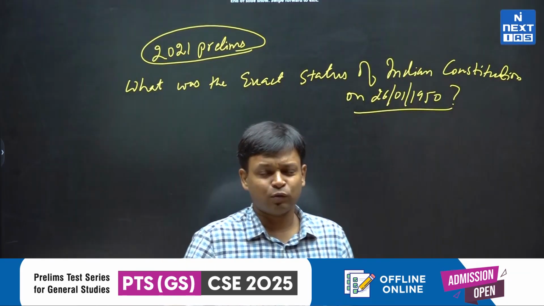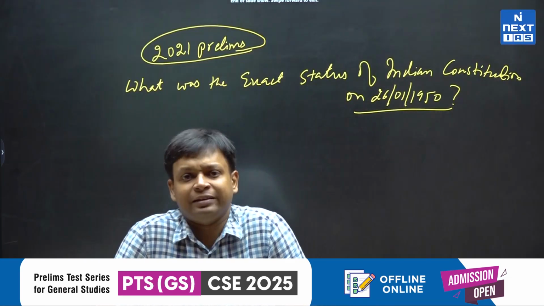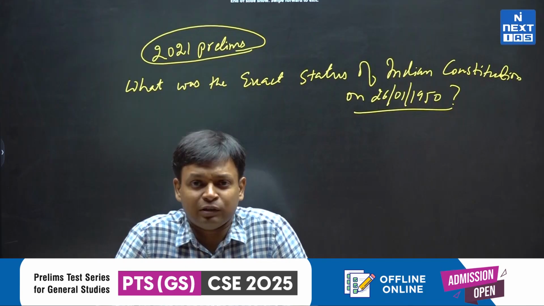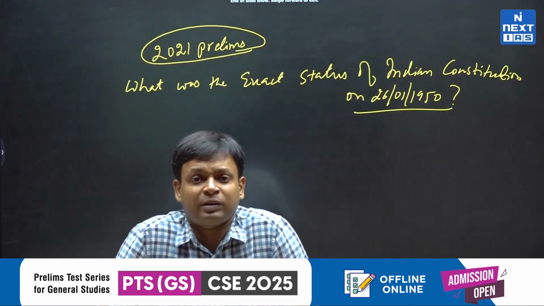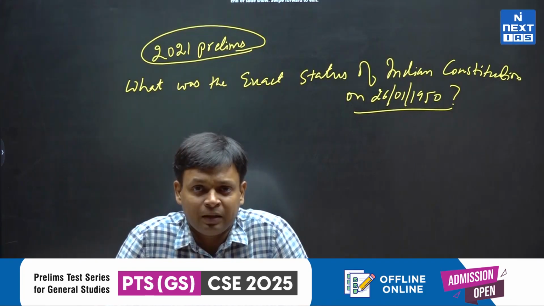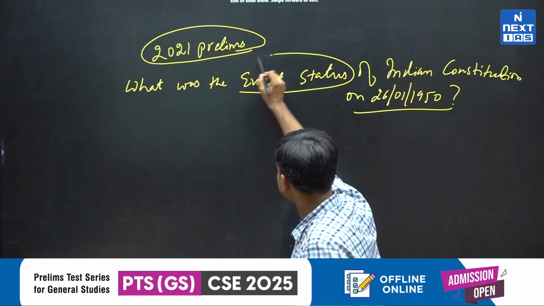What was the exact status of Indian Constitution on 26th January 1950? So this date was, we all know, the first Republic Day when we actually adopted our Constitution. So on this date, what was the exact status of Indian Constitution?